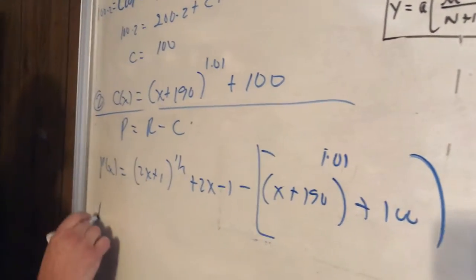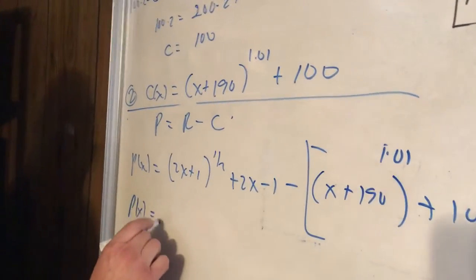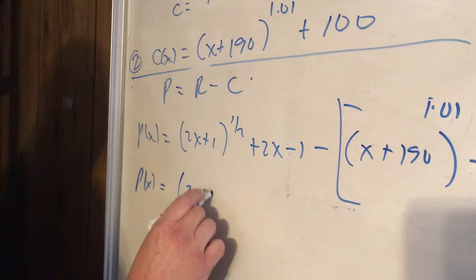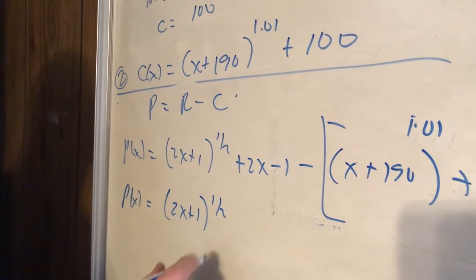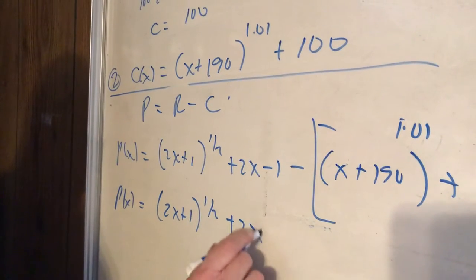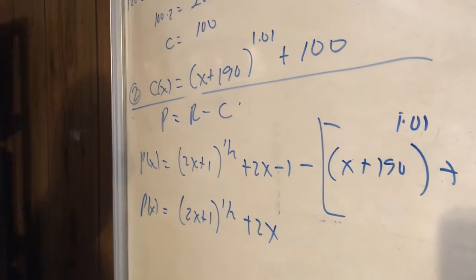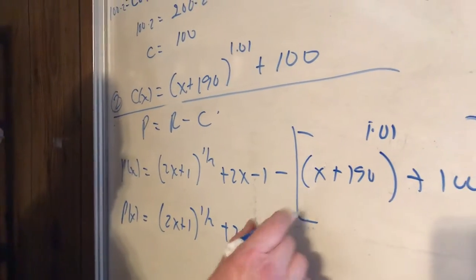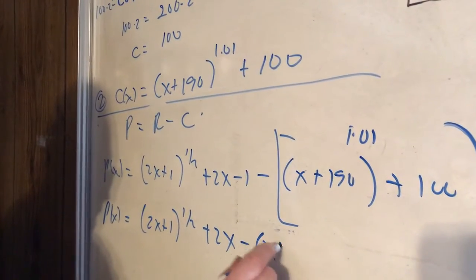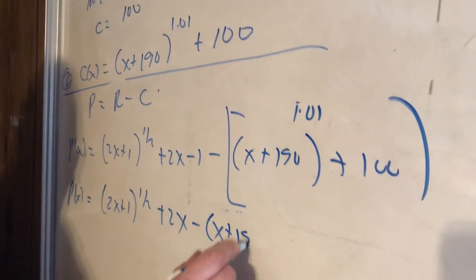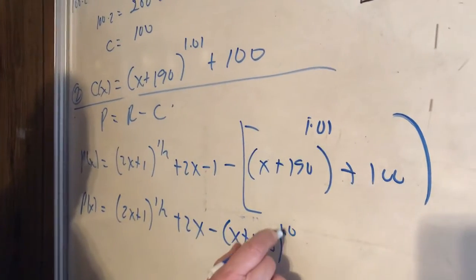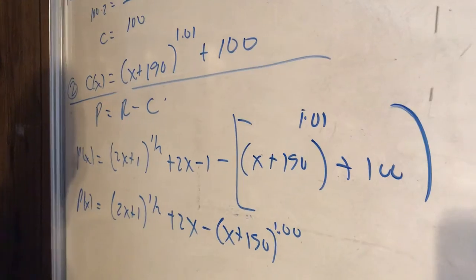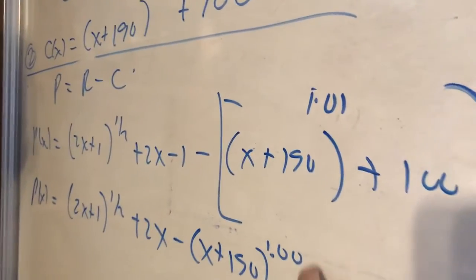So profit equals (2x plus 1) to the 1/2 plus 2x, minus (x plus 190) to the 1.01, minus 1 minus 100.